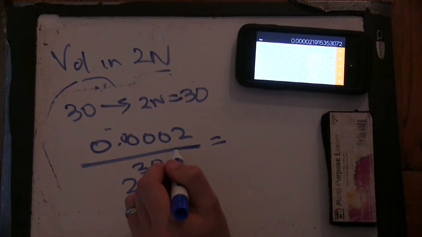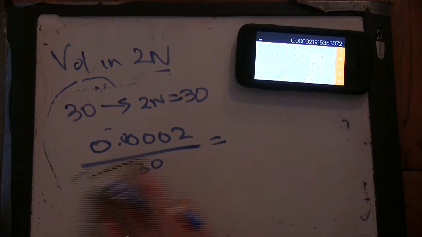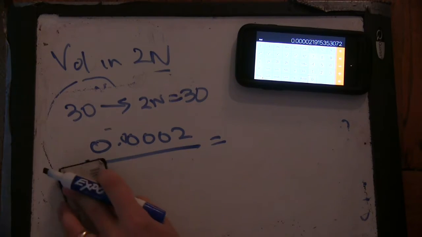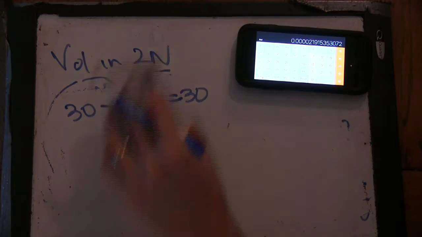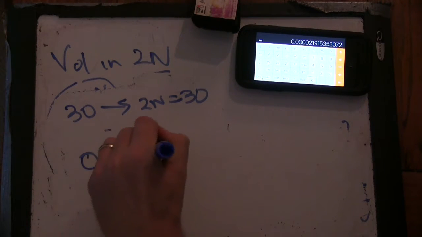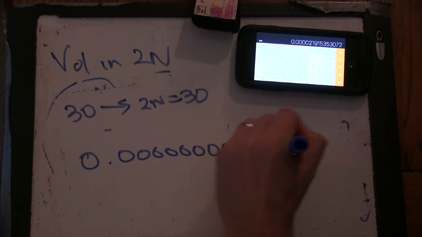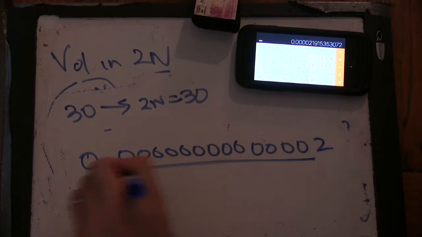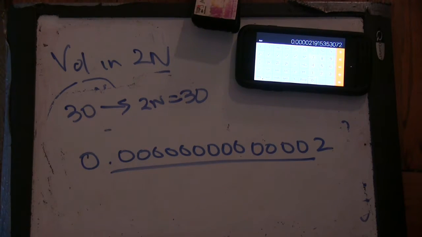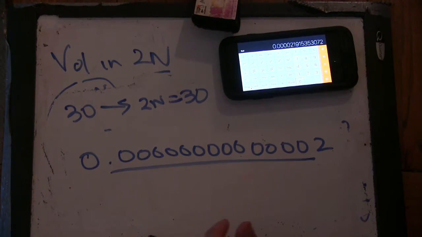So how many more zeros do I have to add on if I'm dividing by a billion? 9 more zeros. We had 4 zeros to start, so 0 point, and I add 9, 1, 2, 3, 4, 5, 6, 7, 8, 9, plus the 4 we had. So it's about 2 times 10 to the negative 14.